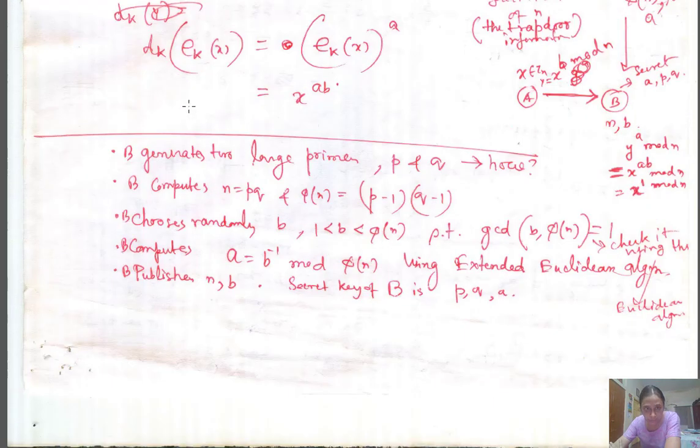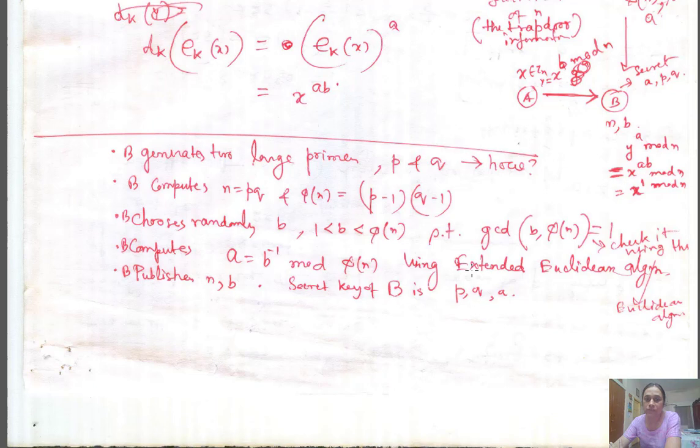Two large primes are generated and the modulus n is set to pq, and phi n is (p minus 1)(q minus 1). Then we randomly select b in this range so that b and phi n are co-prime, in order to have the modular inverse of b modulo phi n.